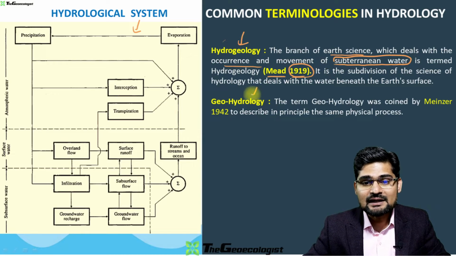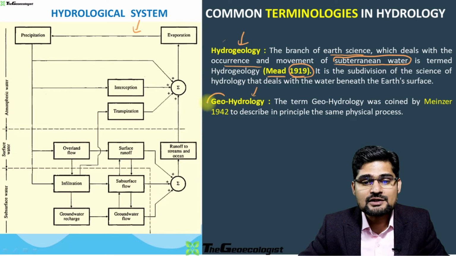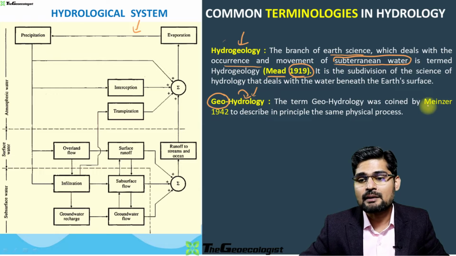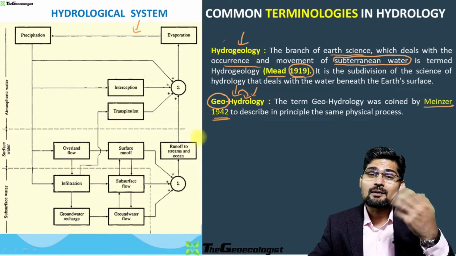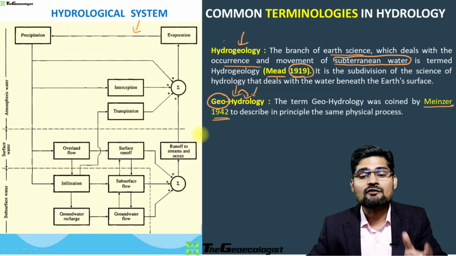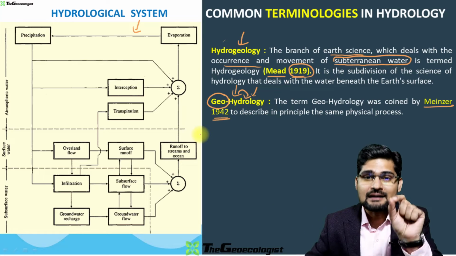Right? The same thing was repeated, but from a different perspective, where geo came first and hydrology later, by Meinzer in 1942. So this is geohydrology, although talking about similar things, but in a different way, where the perspective is majorly the ground and, in accordance with that, the hydrology.